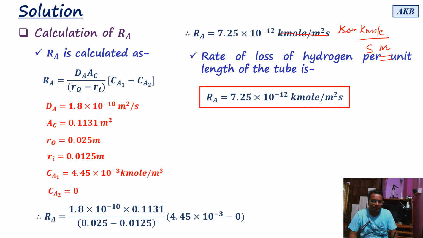Okay, so that means the rate of loss of hydrogen is 7.25 into 10 to the power minus 12 kilomole per second per meter length of the pipe. Length is 1 since we need to find out the rate per unit length of the pipe.